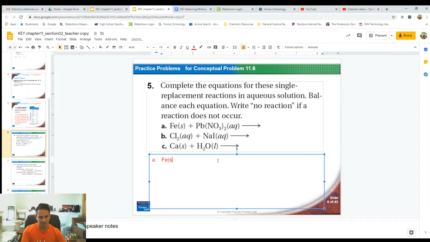All right, so we have Fe, solid, reacting with Pb(NO3)2, which is aqueous. So it's a single replacement. That means that the iron is going to replace the lead. Now, before we write this out, let's check our activity series to see if iron is higher on the list than lead.